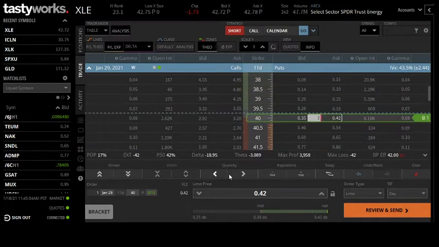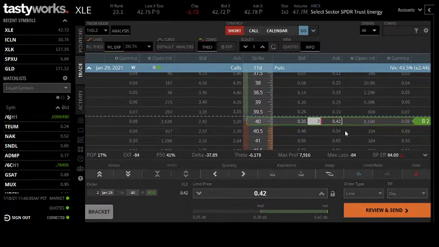Cut my deltas in half. I grabbed two of them, so now my 70 delta went from 70 to 40. And then if it drops on Monday, this will make money. That money that I make from my put, I can use to average down if I believe it's still going to go up.